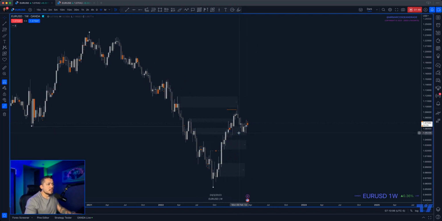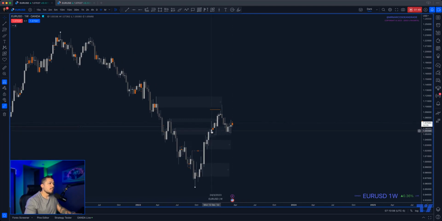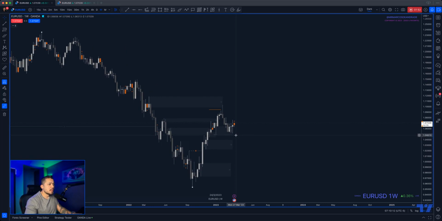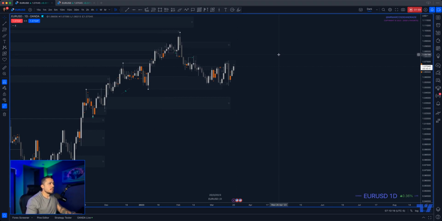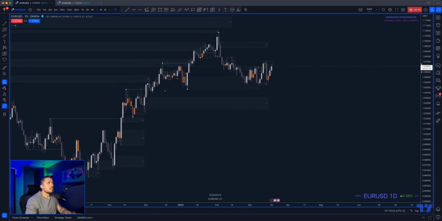We're still holding demand. The internal demand here is still holding, as you can see. We didn't break it here. So let's drop to the daily now. The daily is a little tricky in this sense, because we are still making higher highs.